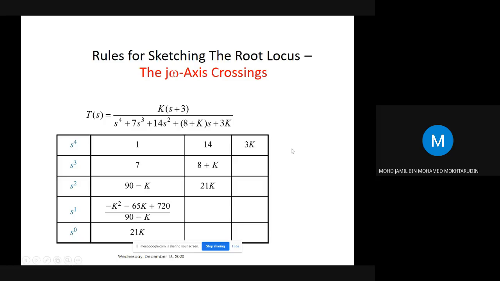And then arrange it in the Routh-Hurwitz table. You use the denominator, start with S4, followed by S3, arrange the coefficients alternatingly, calculate S2, calculate S1, and calculate S0.